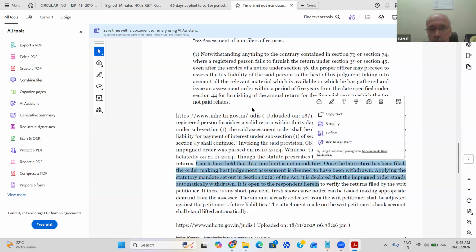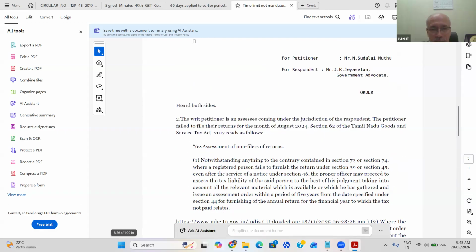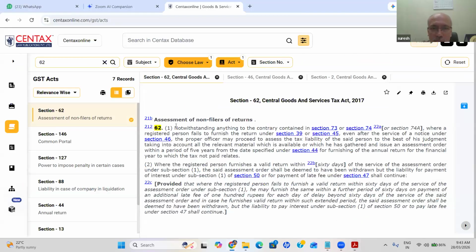I will tell you how. The conclusion is the crux. What is the crux of section 62? I think this is a very unique provision, that an order passed by the assessing authority gets withdrawn automatically. This is not in any other act. So what is the idea behind bringing section 62 with subsection 2?